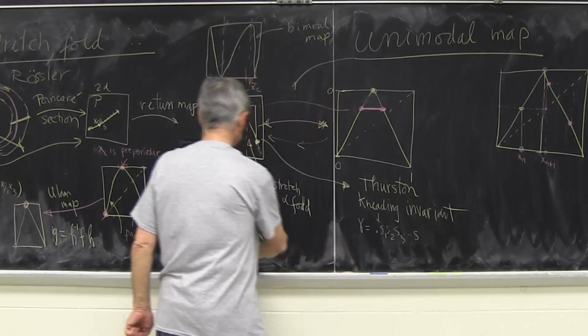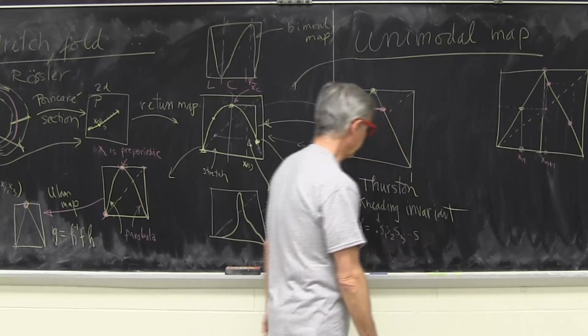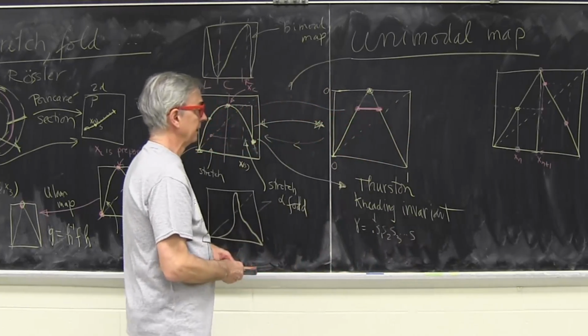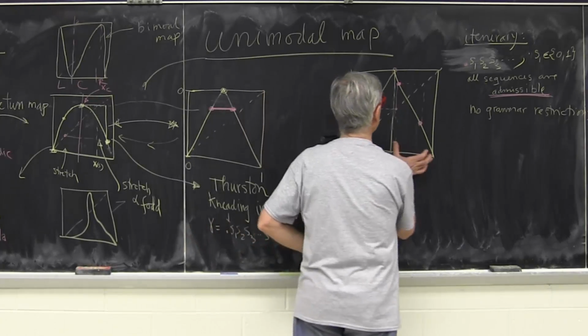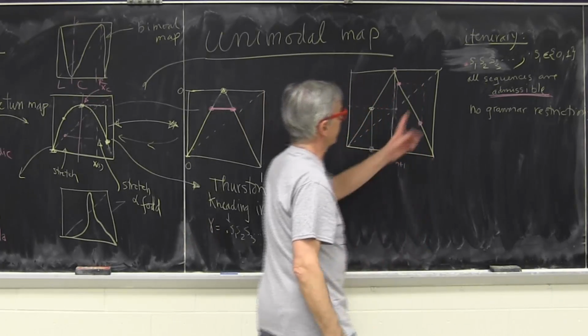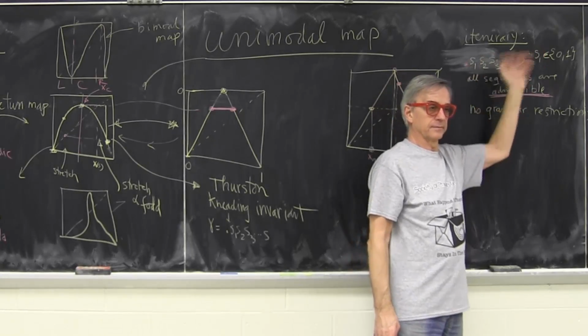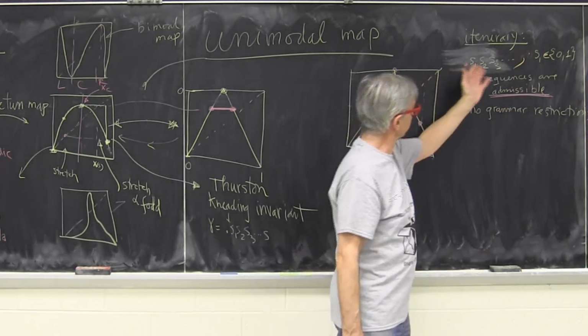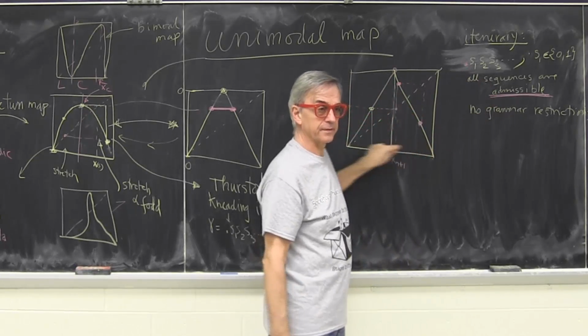And so what do we learn from having a kneading invariant? So let's think a little bit in more detail. How is this sequence that looks like a binary number, 0, 1, how is this related to actual temporal position in a space?